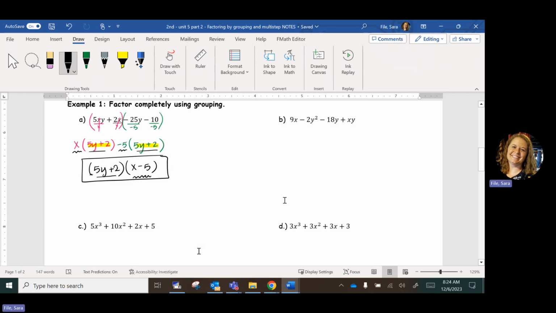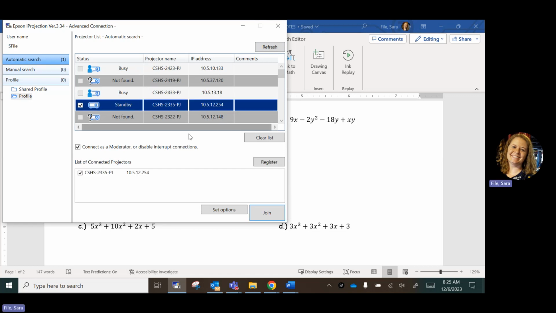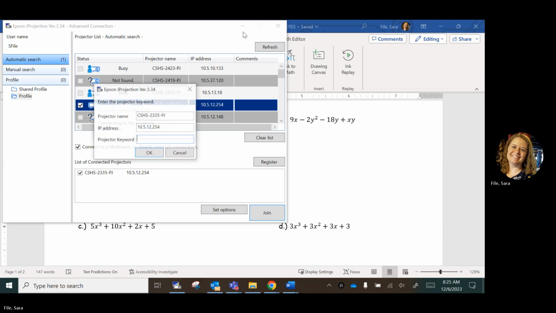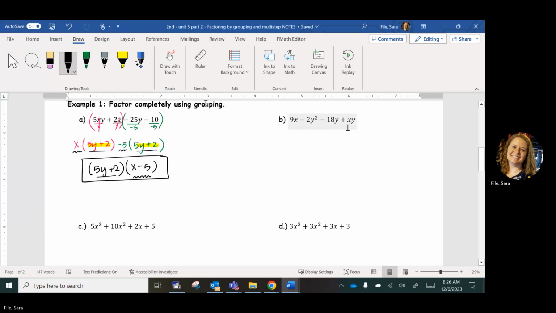Anyway, so I could rearrange these terms to try and pair. Okay, let me try and reconnect to that. Okay, there we go. That's better.